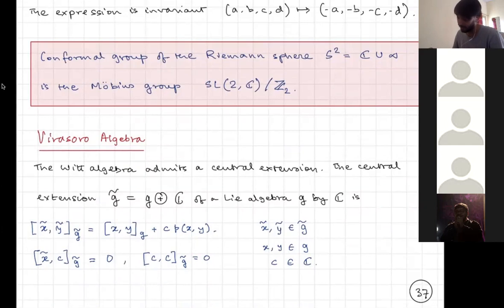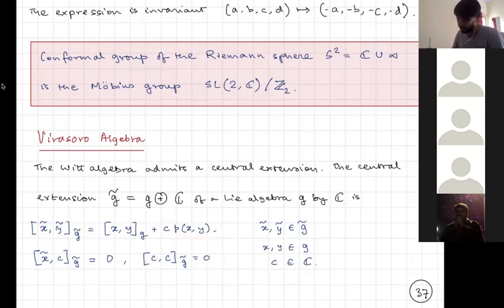The central extension of a Lie algebra is, if you have a Lie algebra G and you want to extend it by C, the brackets will take a changed form like this, where if x tilde, y tilde are in G tilde, these will turn out to be the bracket of x, y in G, plus some number C times some particular function of x and y.